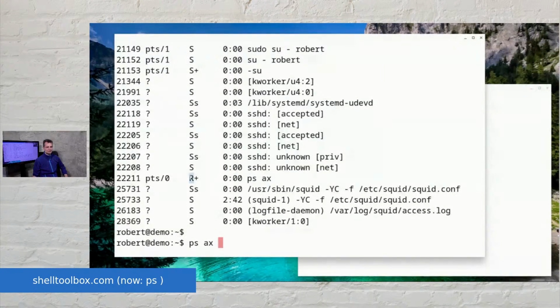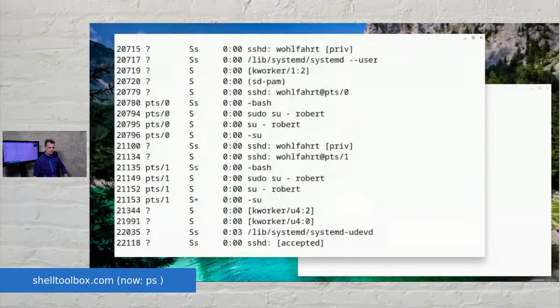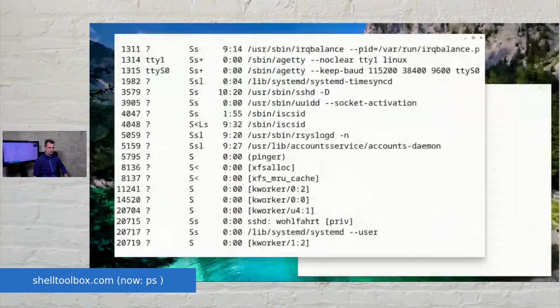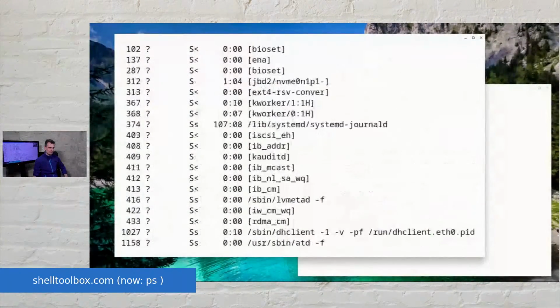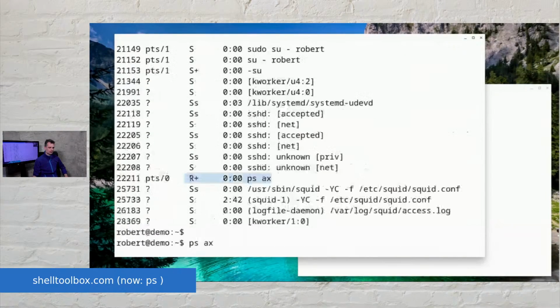And if there is an uppercase R, then this is a process that is runnable, that wants to run. So if I have a look here, I think this ps command I have started is the only command that wants to run currently. All the other processes are sleeping here. Okay. Great.